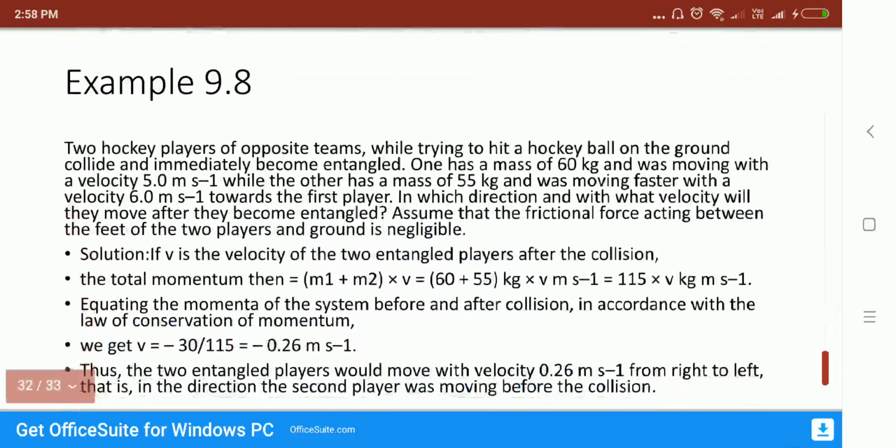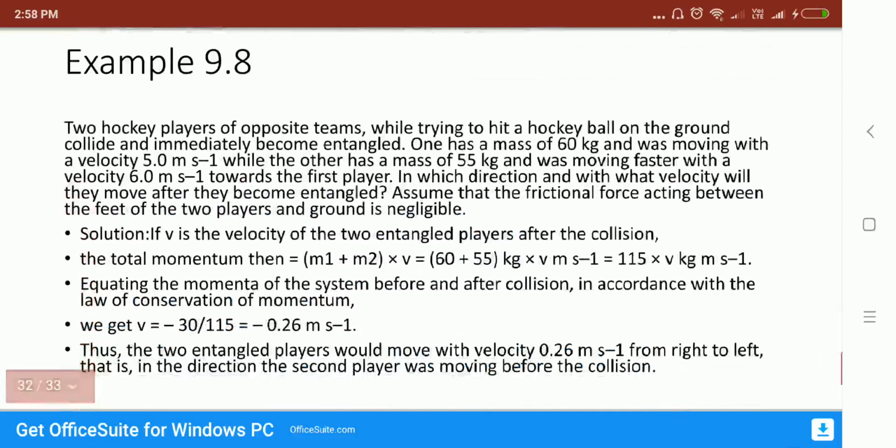Next example. Two hockey players of opposite teams, while trying to hit a hockey ball on the ground, collide and immediately become entangled. One has a mass of 60 kg and was moving with a velocity 5 meter per second, while the other has a mass of 55 kg and was moving faster with a velocity 6 meter per second towards the first player.